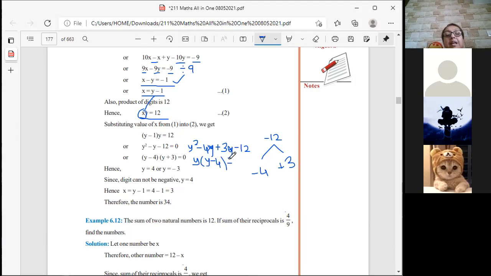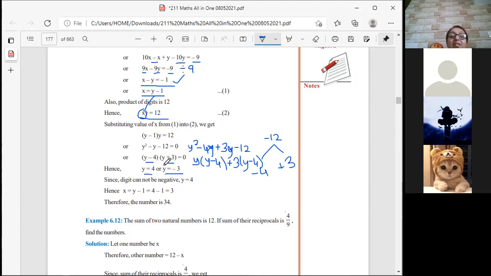Then I write plus 3 into y minus 4. Whatever is common, I will write one time, and whatever is not common, I will write one time. So I get these two brackets. Now you can see that I have got y as 4 and I have got y as minus 3.